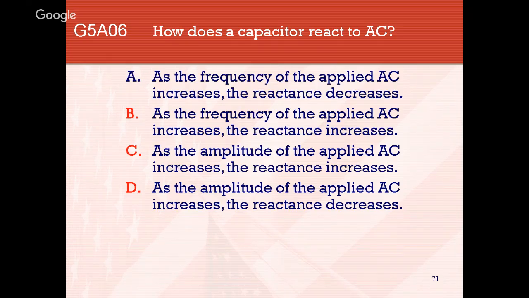But your simple answer here is A. As the frequency of the applied AC increases, the reactance decreases. In other words, the opposition to the alternating current going through it actually decreases as the frequency increases.